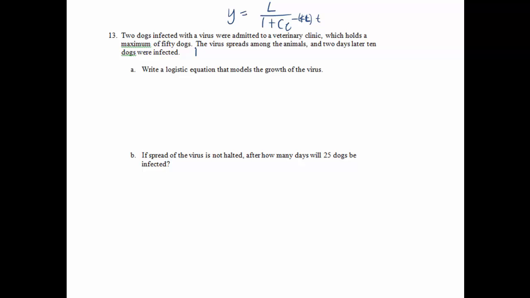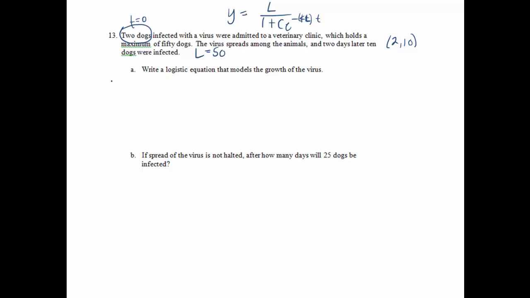I have a maximum of 50 dogs, so L equals 50. Since 2 dogs were infected with the virus, that is happening at time equals 0. And when it says 2 days later, 10 dogs were infected, I know I'm going to have the point (2, 10) that I will use in a little bit.